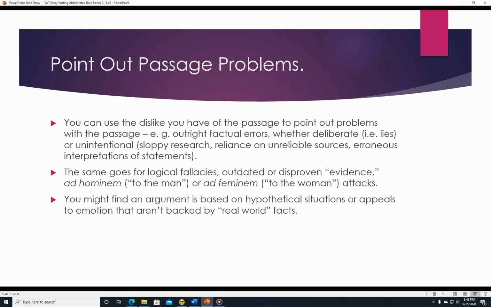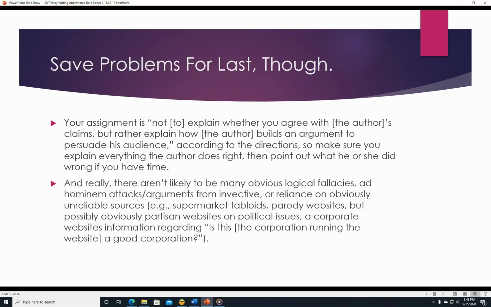Obviously, if you see any kind of obvious factual problem, obvious logical problem, or, usually, an appeal to emotion that isn't backed by anything, you can point that out and say, this could be a much stronger argument if he actually provided any evidence to prove his point.